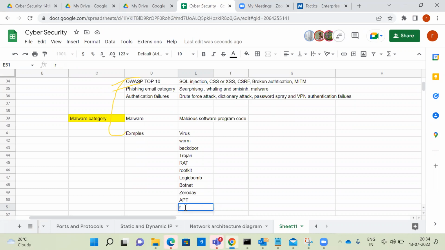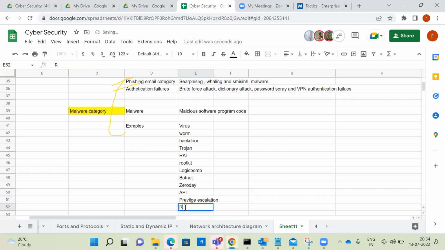I will put privilege escalation also. Ransomware, yeah, I was forgetting ransomware.